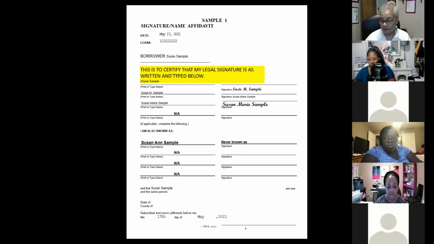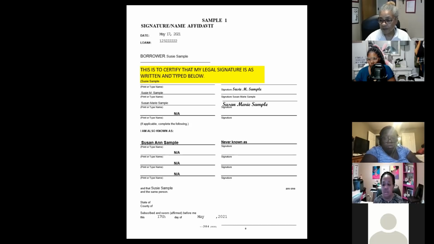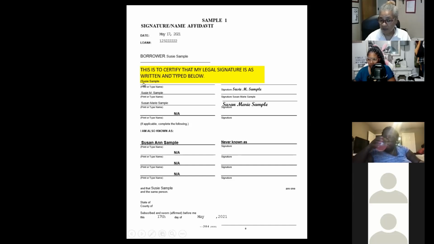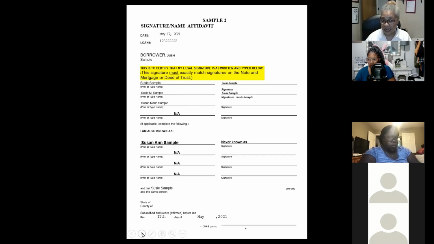Yes. Okay. So we're dealing with the legal name as shown on the loan documents first, and she's signing that way. And then she's signing just as her name appears on all of the other signature lines.